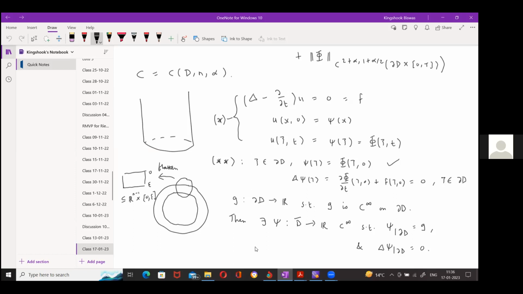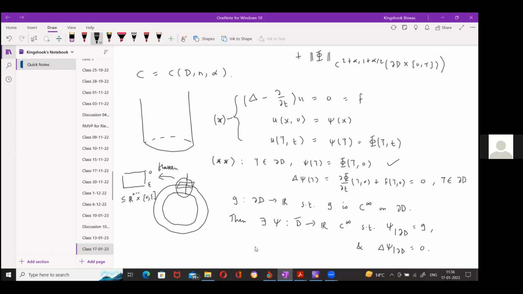We'll talk about tangent spaces later, but essentially the idea is that you have the tangent space to the boundary, and you have its orthogonal complement, which is one-dimensional.